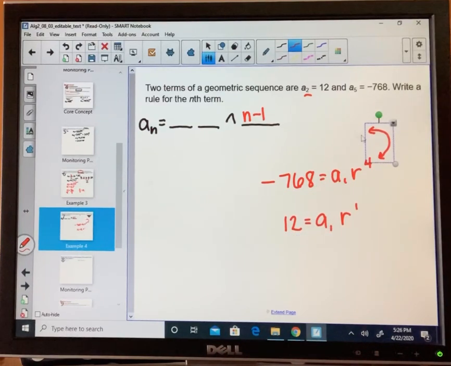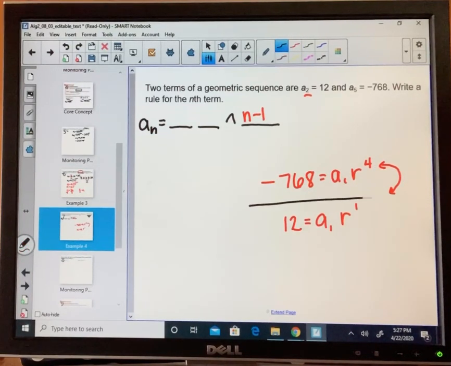So that way the 4 is on top now. Okay, so I'm going to divide these. a1 will cancel a1. And r^4 divided by r^1. Well, if I'm dividing, what happens with those exponents? You just subtract: r^3. And then I would type in my calculator negative 768 divided by 12, and I get negative 64.